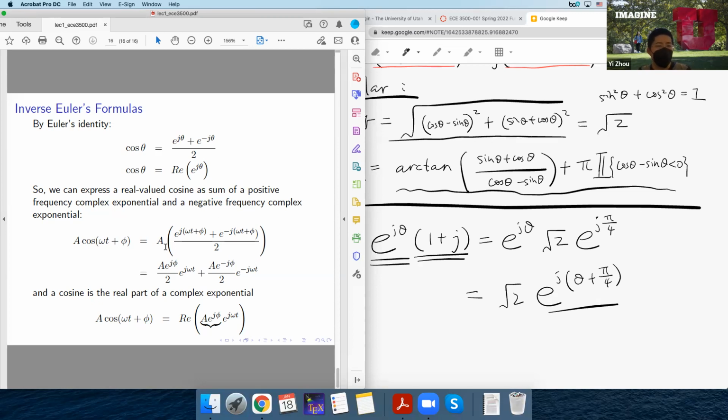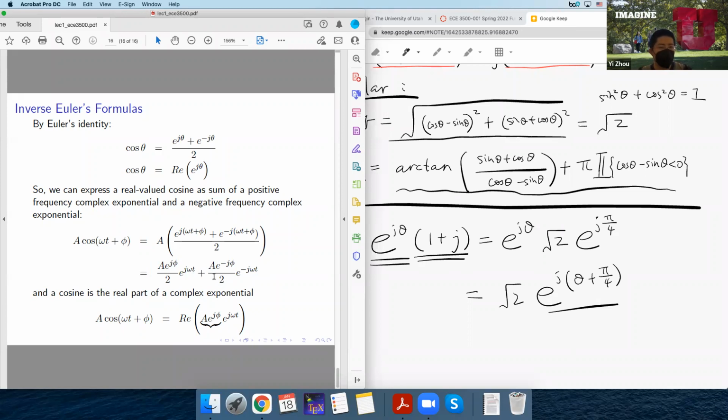And then what we do is that we put all the constant terms as the coefficient. So all the terms that do not depend on the time t are regarded as the coefficient. And then we have this e^{j omega t}. This is a standard complex exponential signal.